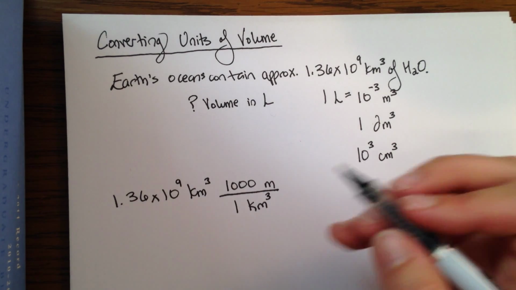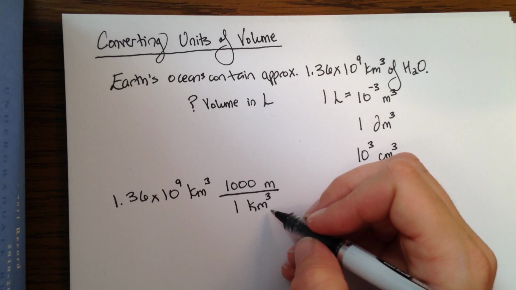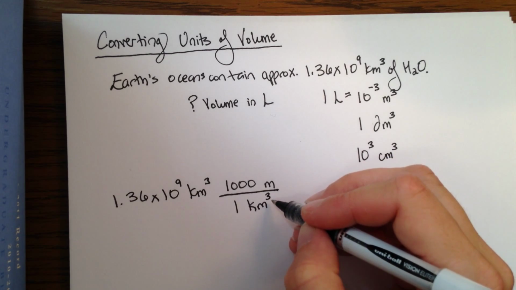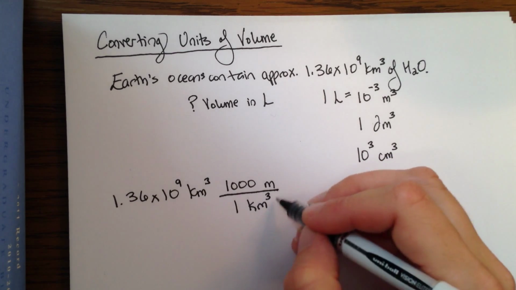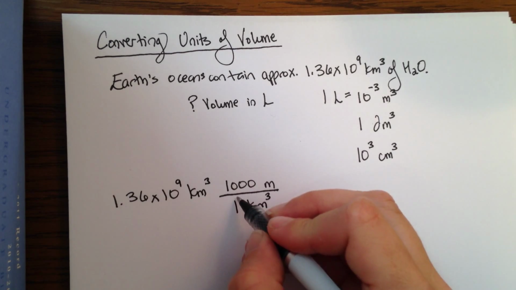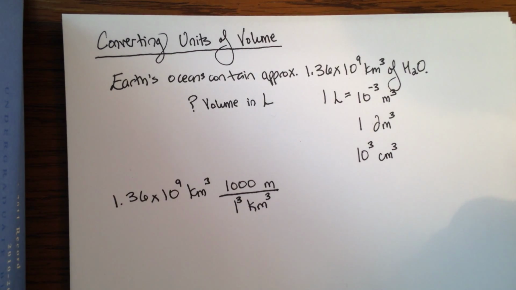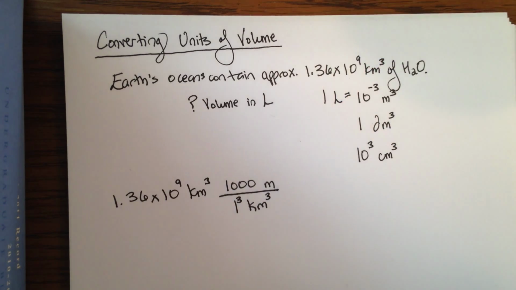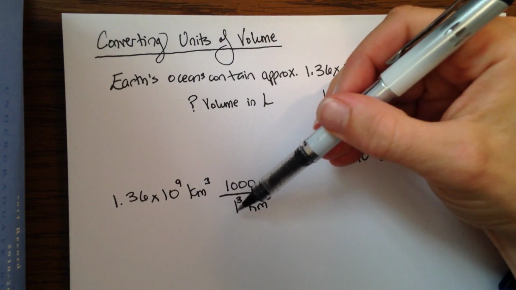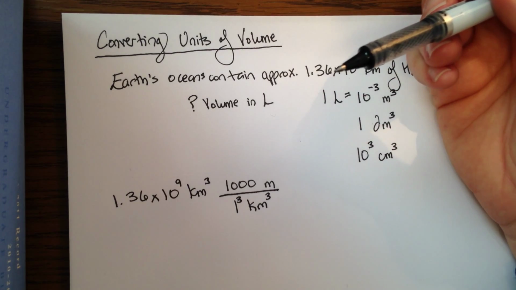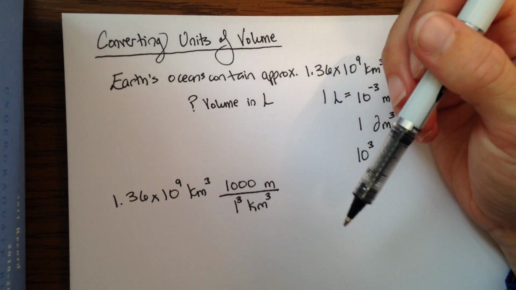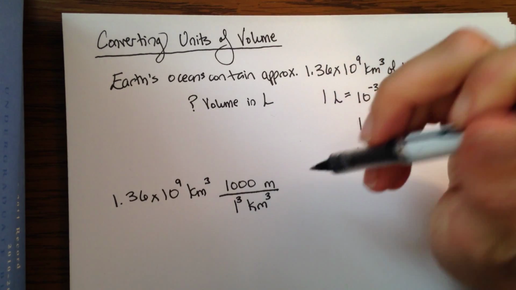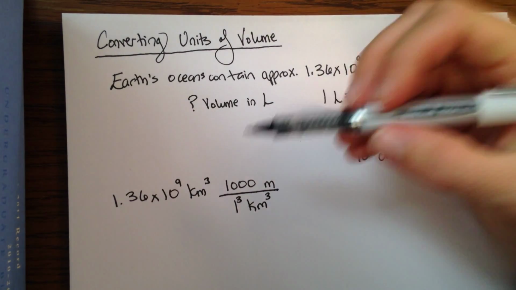Great. So I've cubed kilometers. The important thing to remember here is that if you cube a unit or square a unit, whatever you do to the unit, you have to do to the number associated with the unit. So I've cubed my unit. I have to cube my number. Now, in this case, 1 cubed is just going to be 1, so it's not that big of a deal. But it will become important when we start looking at the numerator in this conversion factor.